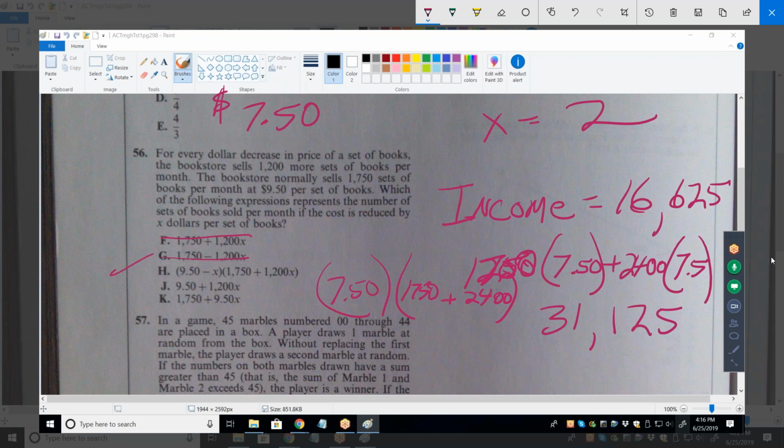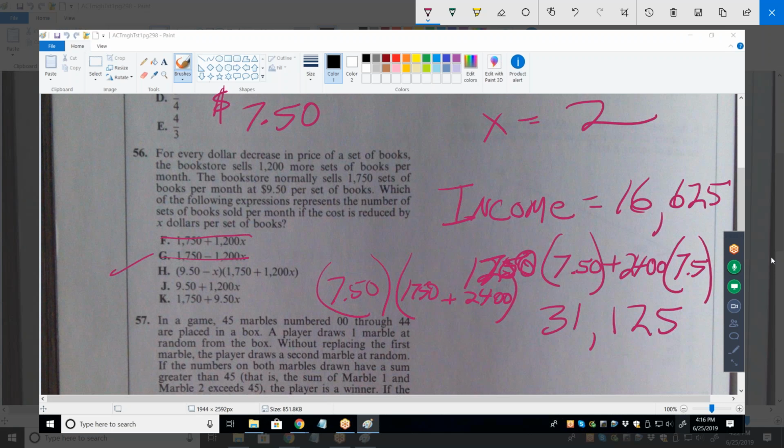Now, because we're picking numbers, we have to check all 5 answers if you have time. If you don't have time, then just go with H. Your instincts were pretty good on H being the right answer. These problems are pretty complicated to me, and the one way that I know I can get it is by picking numbers.